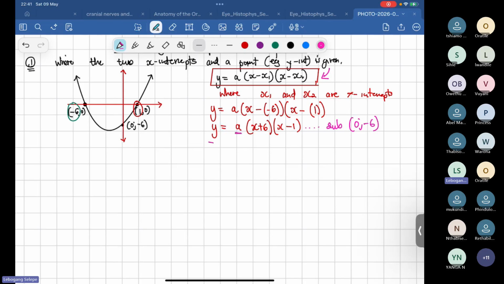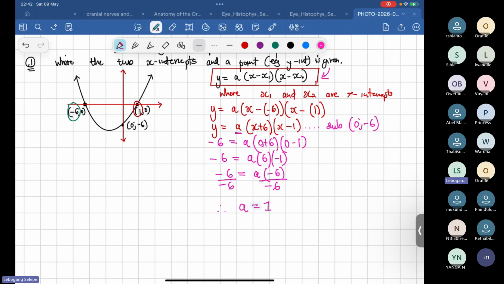So -6, which is the y value, is equal to a into the x value 0 plus 6, and then 0 minus 1. This will be -6 is equal to a times 6 times -1. What is 6 times -1? That's -6. We divide on both sides by -6. Therefore, a is equal to 1.